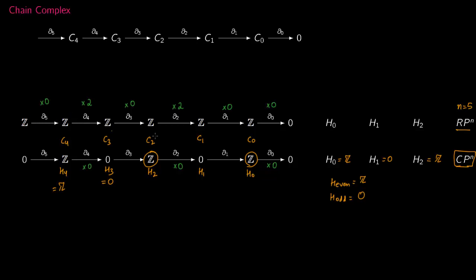It will look like this only. First notice that the first map is multiplication by 0, and 0 is coming into it. These two are multiplication by 0. So H0 is just integers. Modding out by 0, which is coming from here, doesn't matter. H1: the entire integers are going to 0.